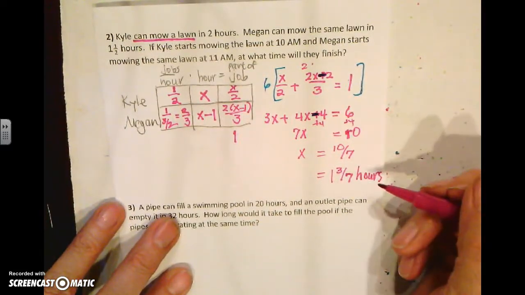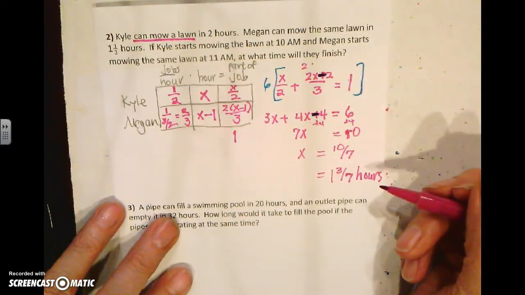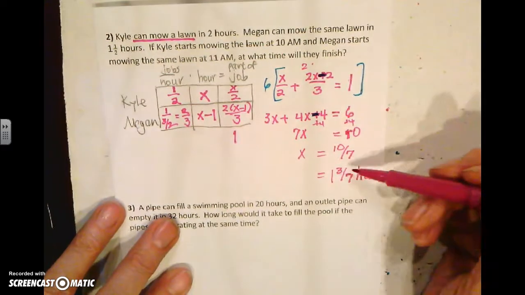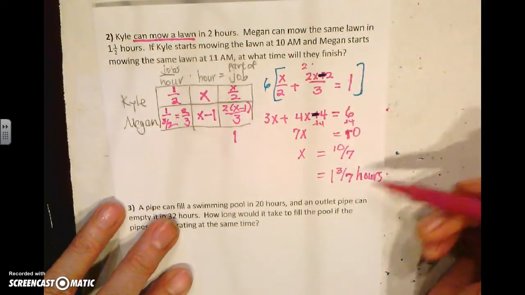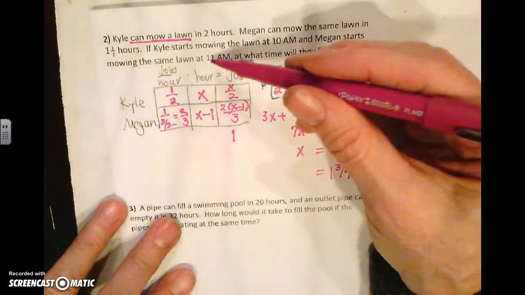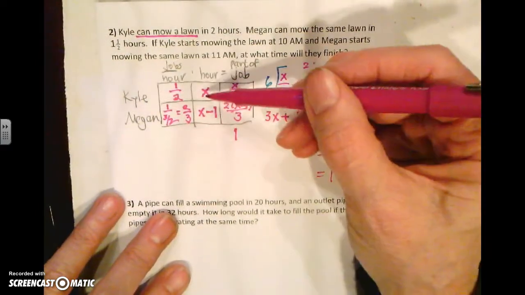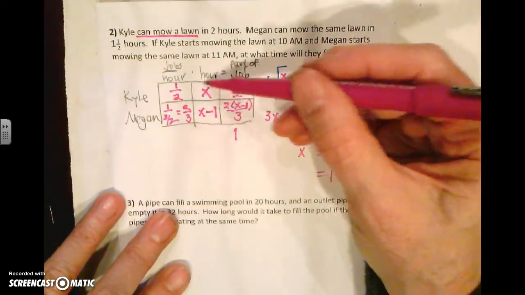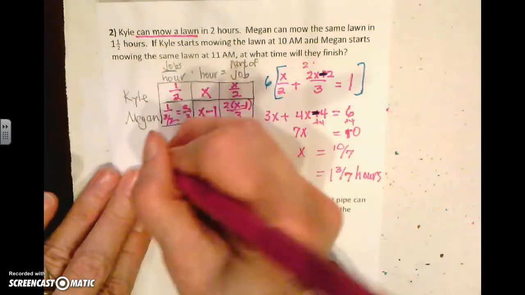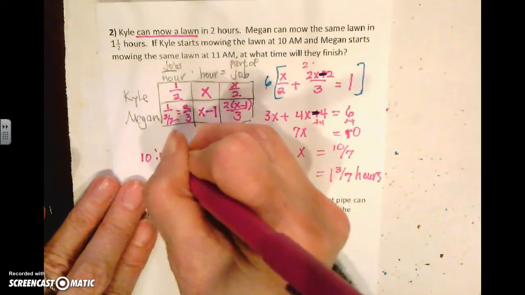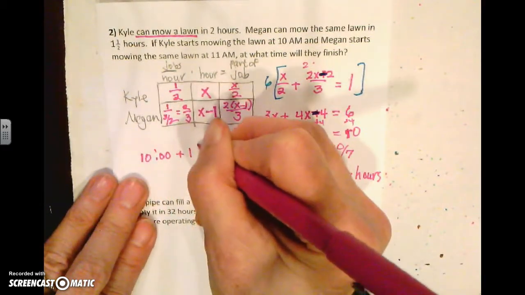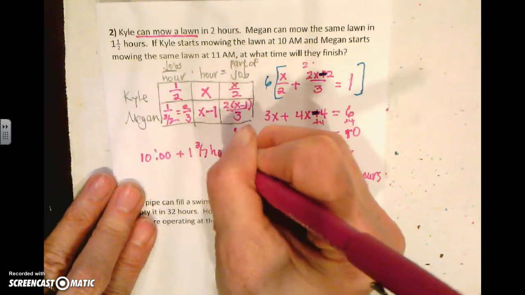So we can say that it takes them 1 3/7 hours. Well, it actually takes Kyle 1 3/7 hours. Little Megan, she just did 3/7 of an hour. But that's not what it asked for. It asked for at what time did they finish. So if Kyle actually started, he's the one that's X, he started at 10 o'clock, then we're going to have 10 o'clock plus 1 3/7 of an hour.